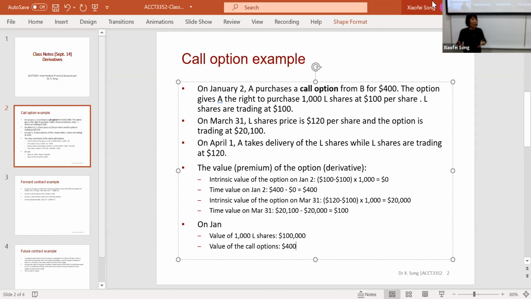If the L share becomes 1,000, B will still have to deliver the shares at $100 per share if A chooses to exercise, so that loss will be $900 per share. So it's limitless. That's why call options can transfer great amounts of risk, and if used wisely, can be very useful for companies to manage risk.